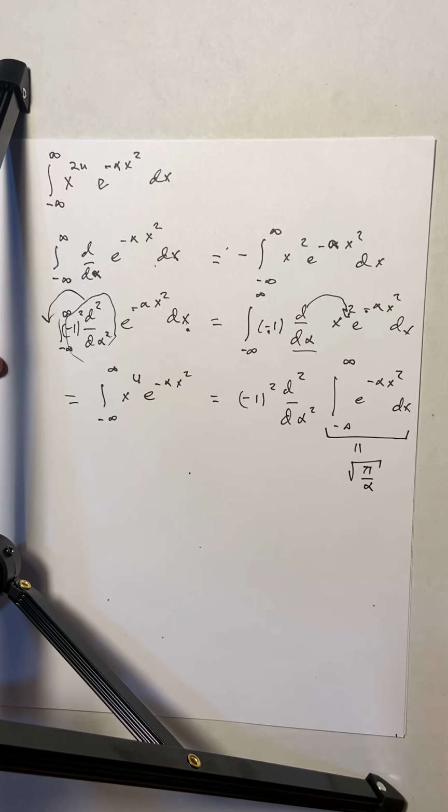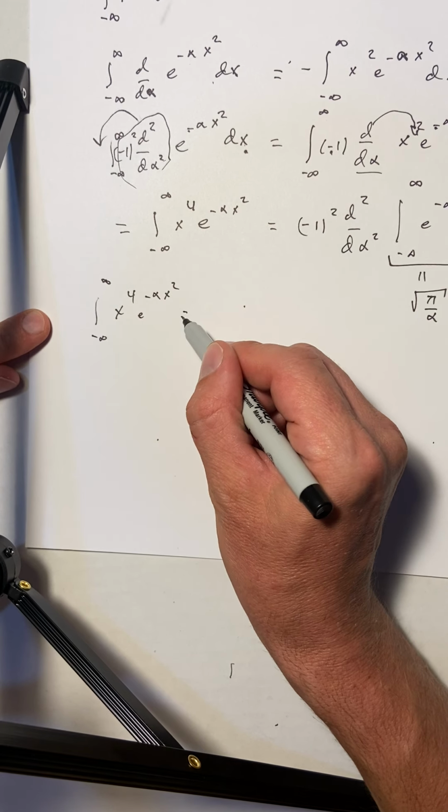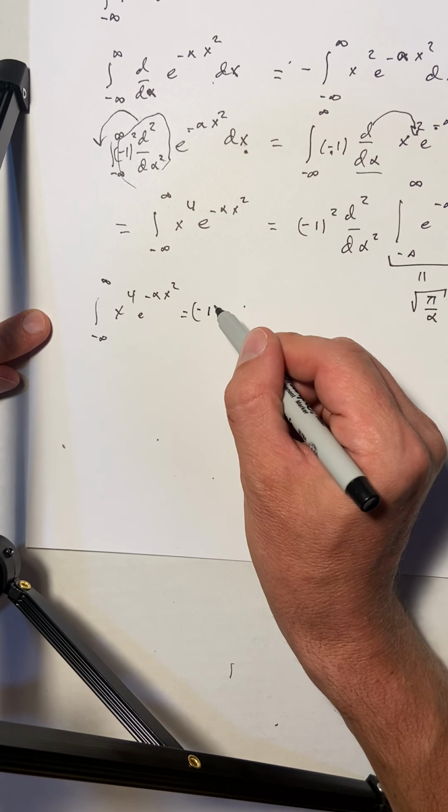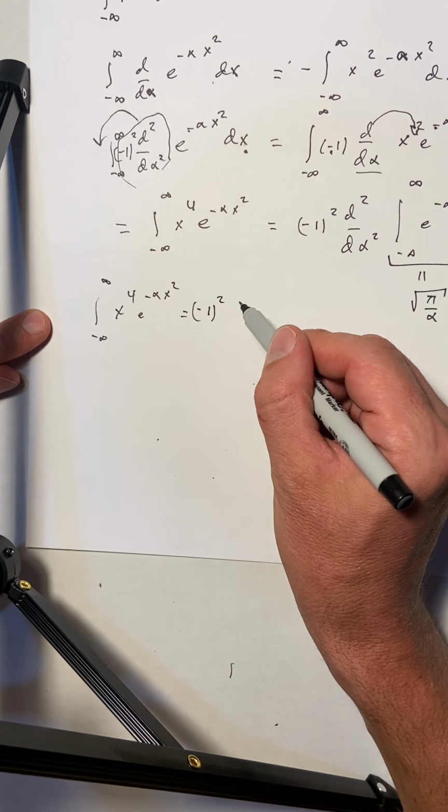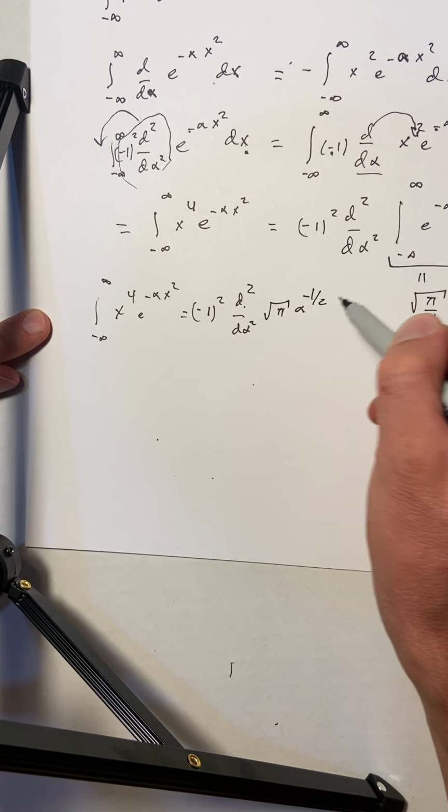So, I'm taking moments of the Gaussian. The integral from minus infinity to infinity of x to the 4th e to the minus alpha x squared will be minus 1 squared d squared/d alpha squared of the square root of pi over alpha. I'll write alpha to the minus 1/2.